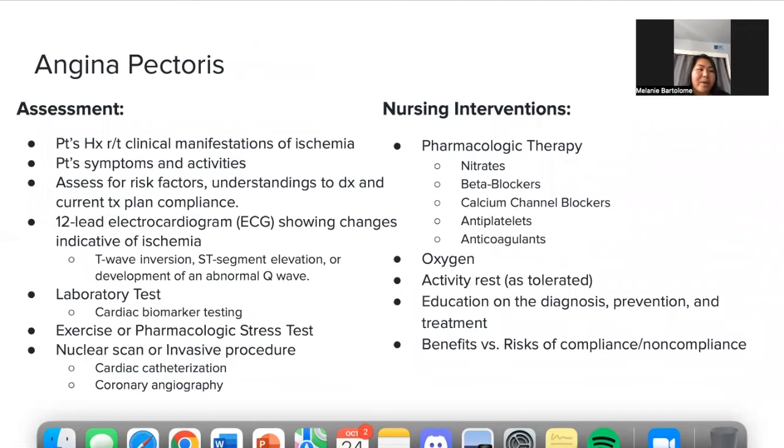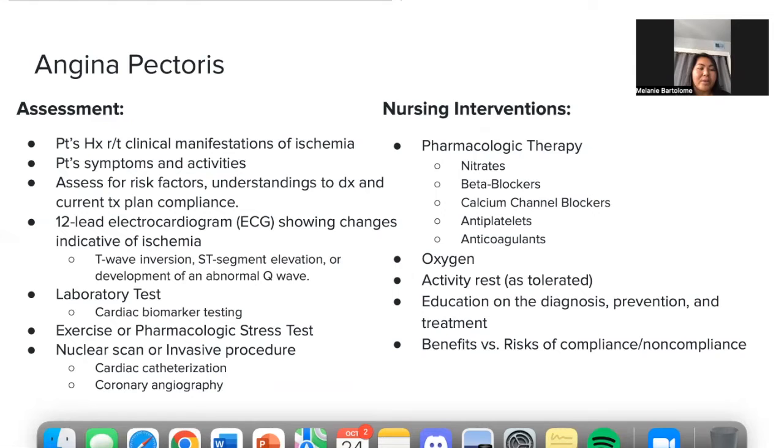Lab tests would be cardiac biomarker testing, exercise or pharmacologic stress tests, nuclear scan or invasive procedures such as cardiac catheterization or coronary angiography.